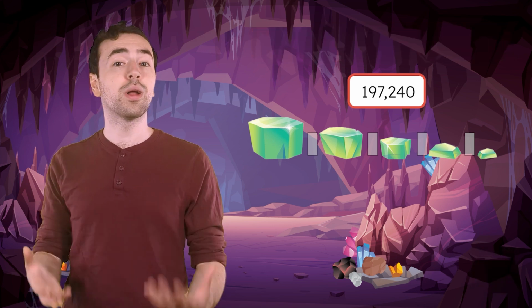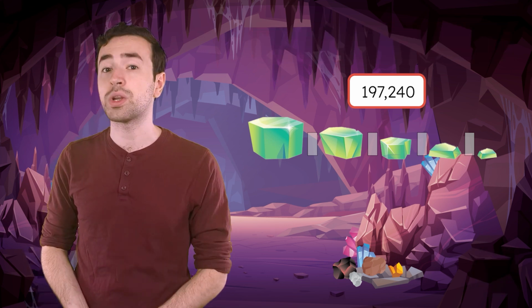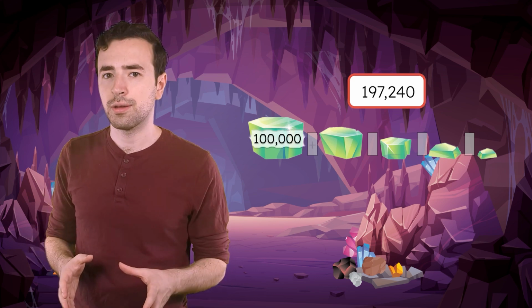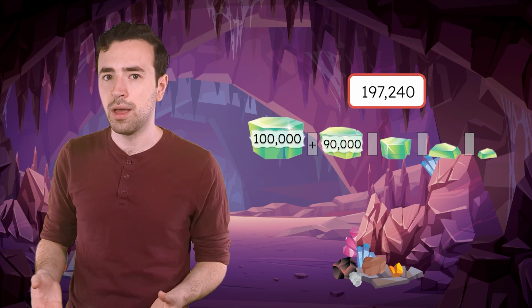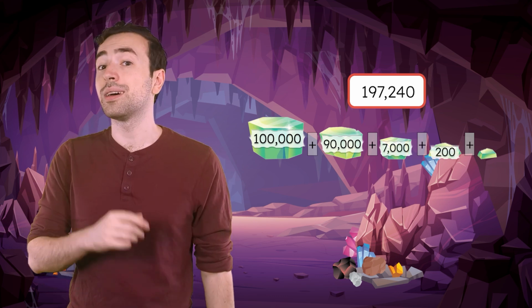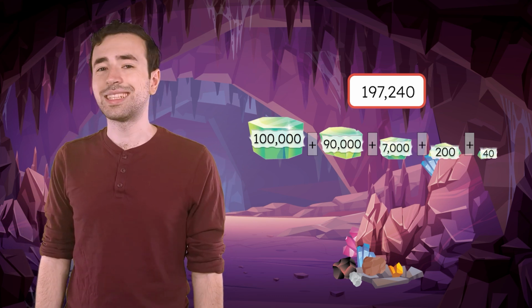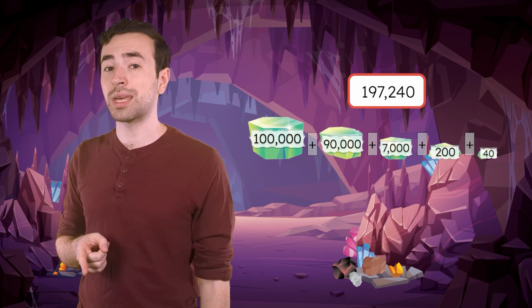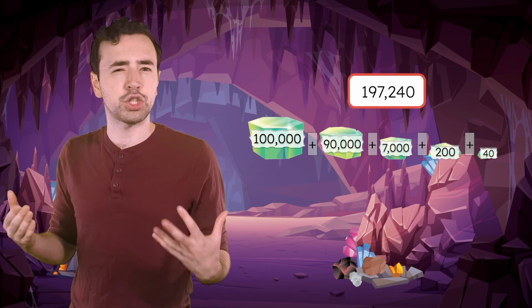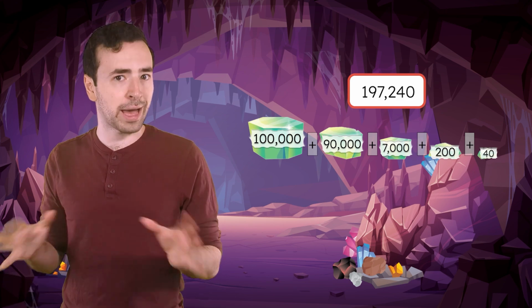To represent 197,240 in expanded form, we'll show 100,000 plus 90,000 plus 7,000 plus 200 plus 40. Since there's a 0 in the ones place, we don't need to add plus 0 because that wouldn't change the value of the number at all.